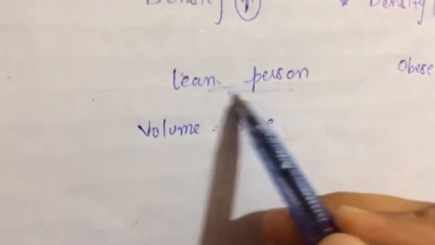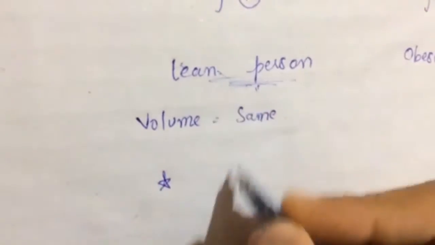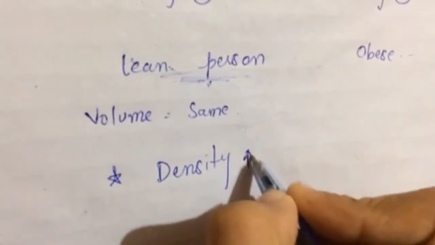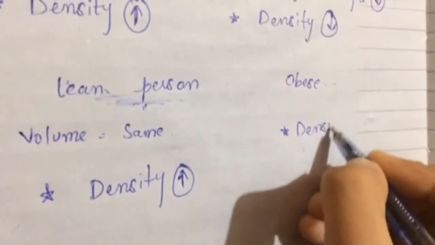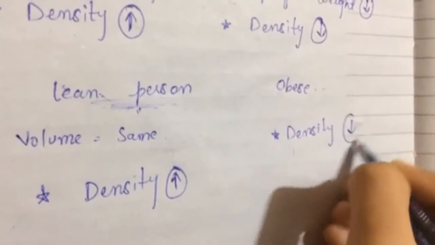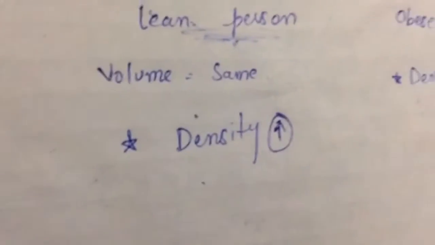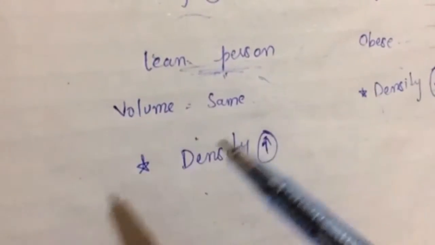If we say the density of the lean person is higher than the density of the obese person, which is low, then the total body density of a lean person is high compared to the obese person, because lean person muscle is denser than obese person fat.